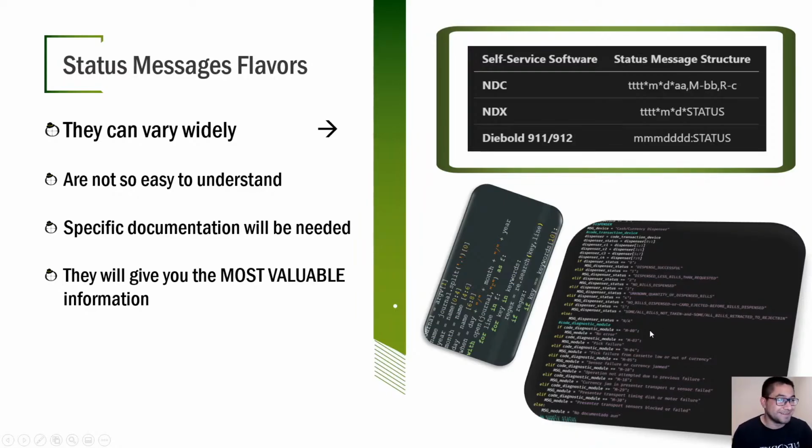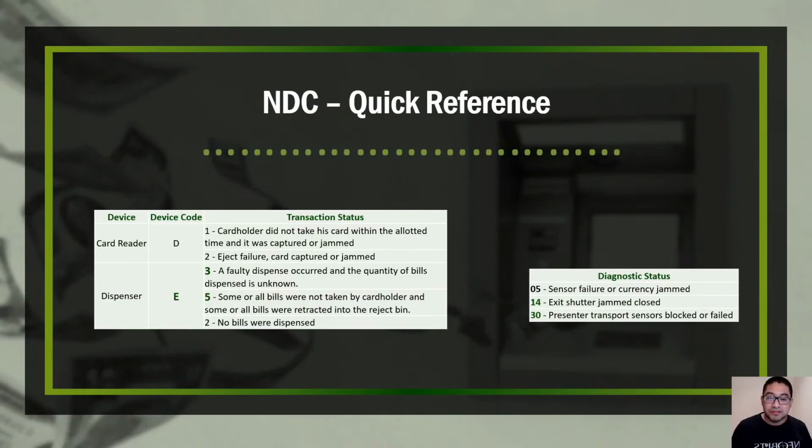And also the status message, if you learn it and understand it enough, you can script it. I have done some scripts. Please don't blame me because my if, elif, I had to do it really quickly. So just a quick reference. For example, we will grab NDC. If I have an error E3, this will tell me that the dispenser, that is the E, has an error with number 3 that says that a faulty dispense occurred and they don't know what happened with some quantity of the bills.